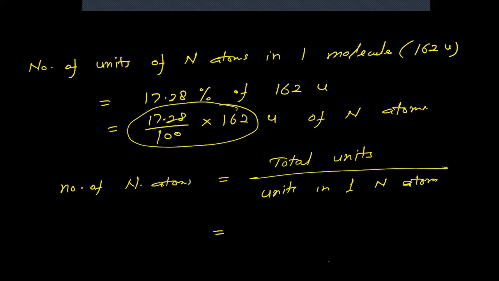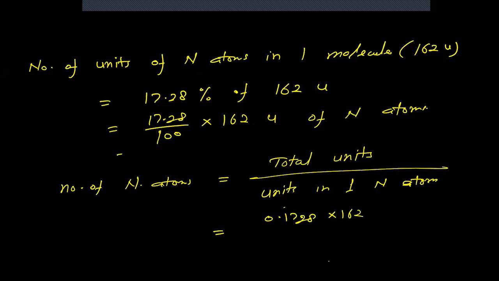Total units you have calculated, this one, or you can write 0.1728 into 162. Okay, this is equal to 0.1728 into 162 divided by units in one nitrogen atom, 14. You will get the answer.